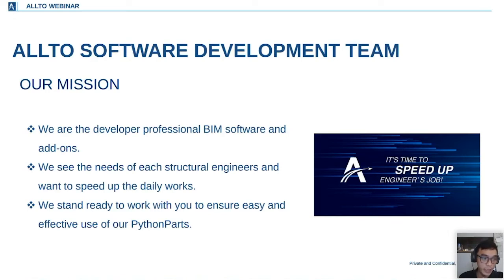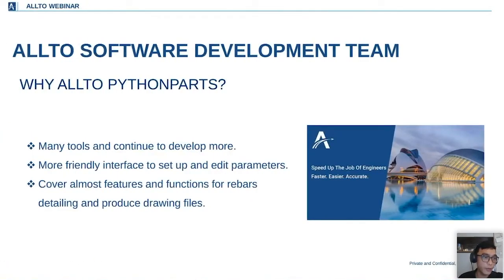And we stand ready to work with you to ensure easy and effective use of our Python Parts. Currently we have 30 Python Parts in total. With On2 Python Parts, we have a friendlier interface where you can easily define all parameters and edit them after creating.